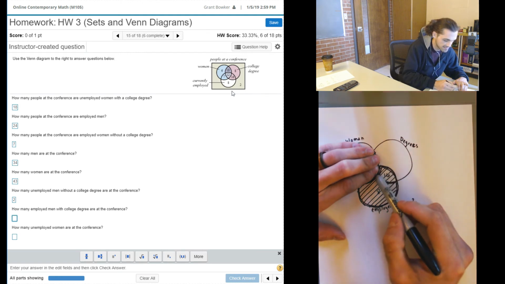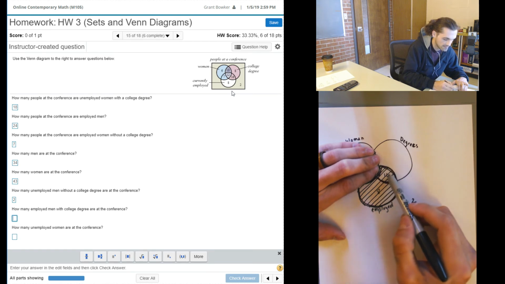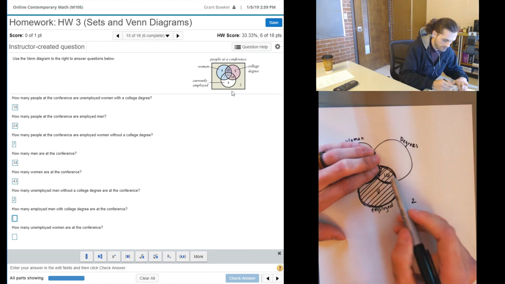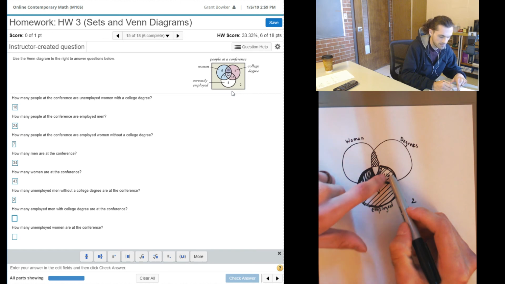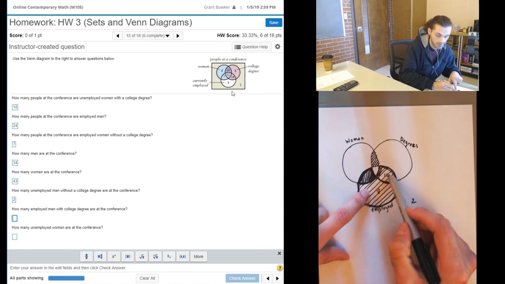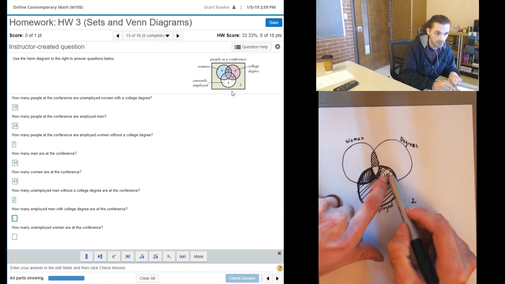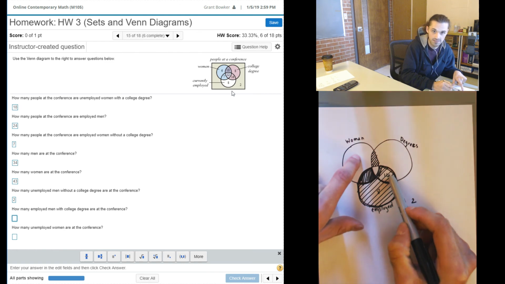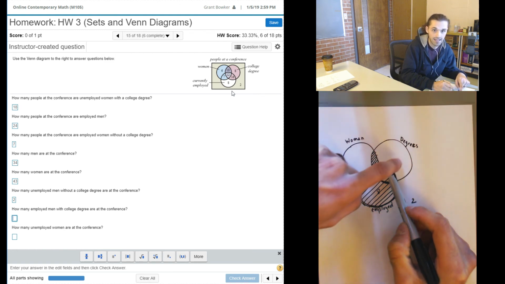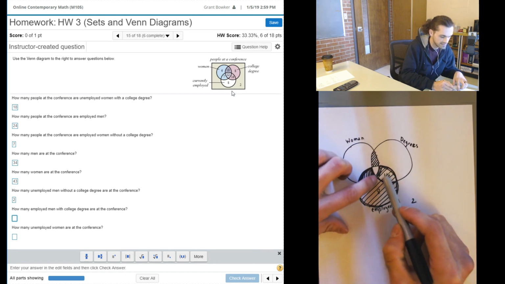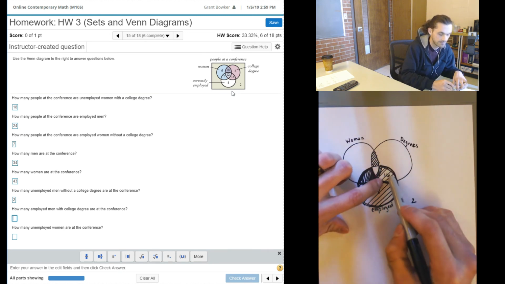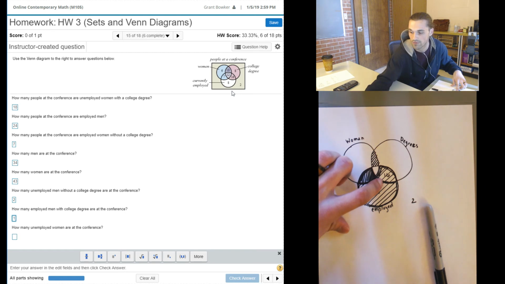So recognize this 16 is the region that is employed. The 16 is located within the employed set. The 16 is not located in the woman set, so it means you're a man. And lastly, with a college degree, well, the 16 is living inside of the degree set. So 16 would be our response.